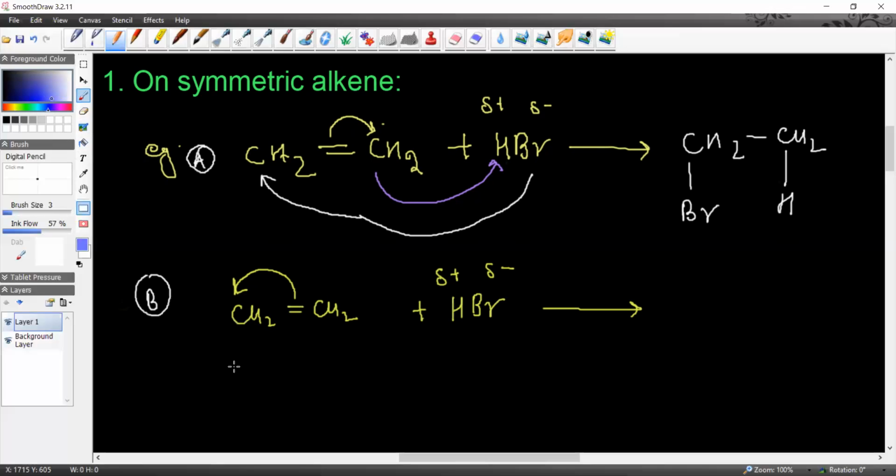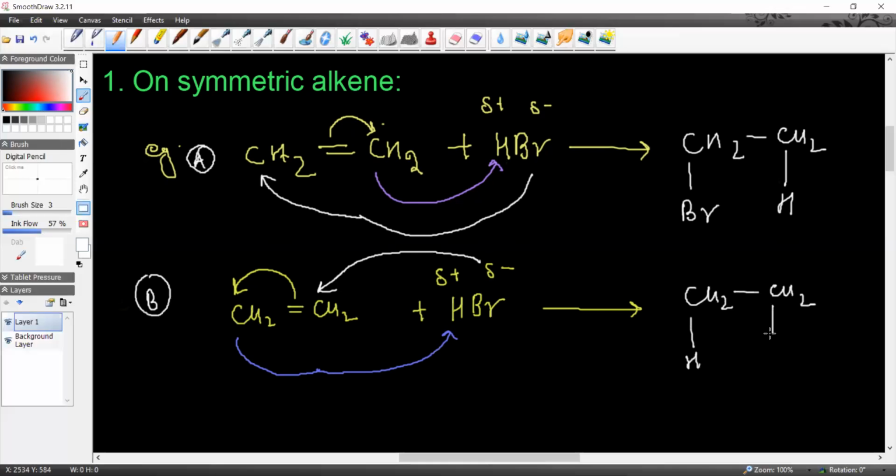Yes. So this carbon is attached with this hydrogen atom, while this bromine atom attacks this carbon atom. Clear? So finally what do we get? CH2 single bond CH2, and here we have this hydrogen atom, and here we have this bromine atom.